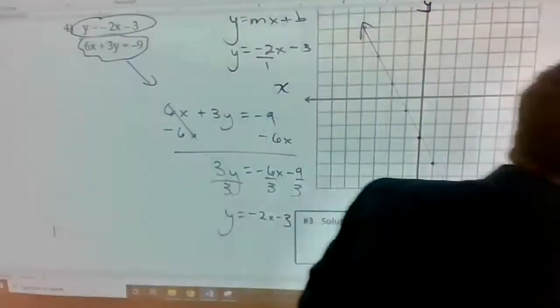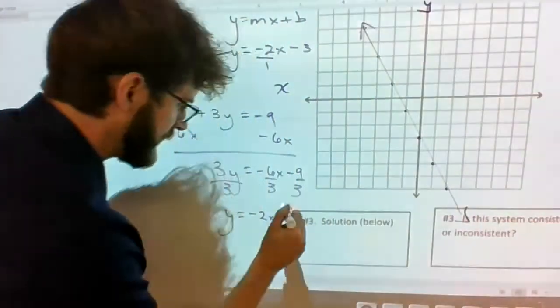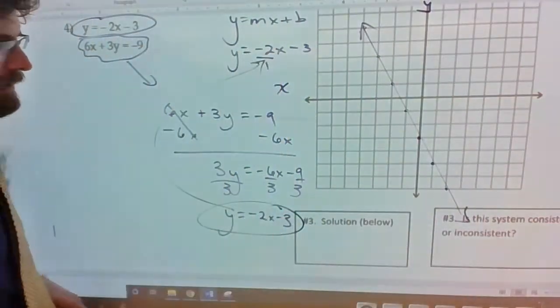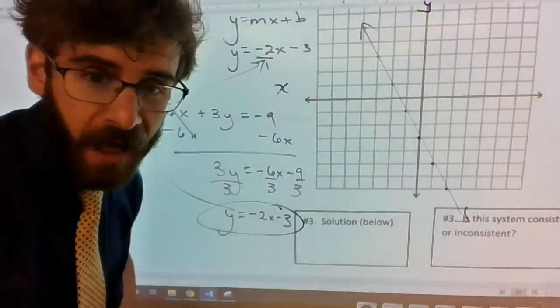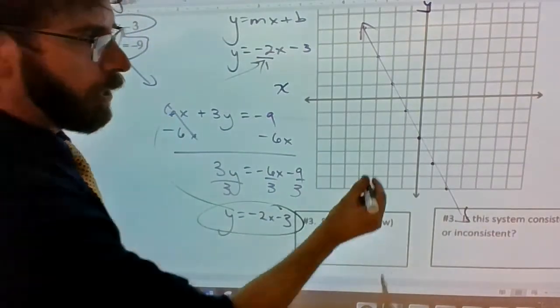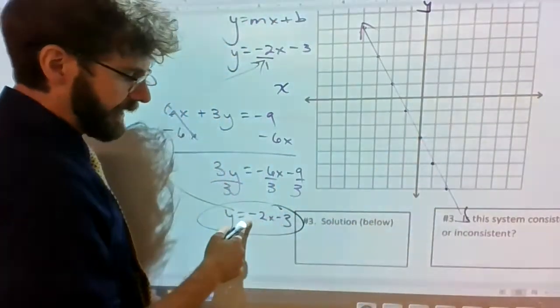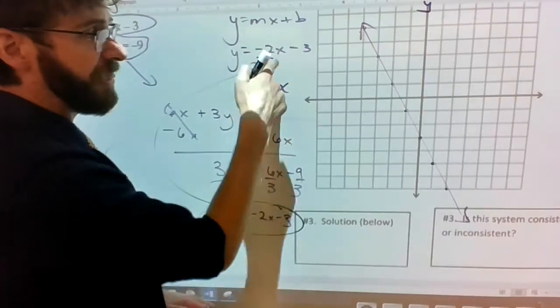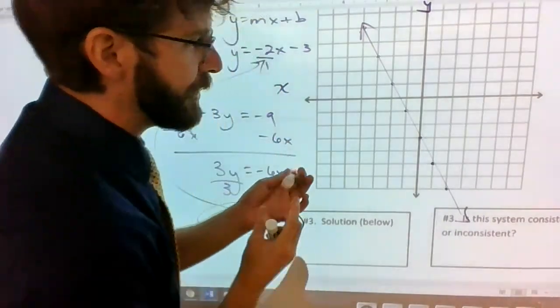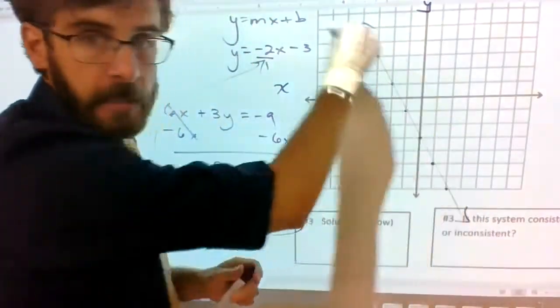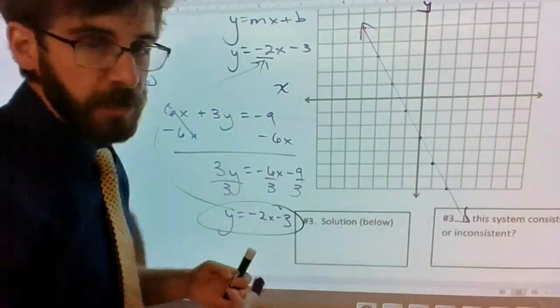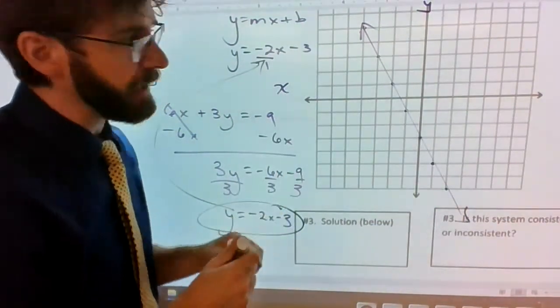Now here's the interesting part of that. It's the same equation, which means it's the same line. So all the points on this line match all the points on that line. They're basically an overlapping line. Two lines that are the same.